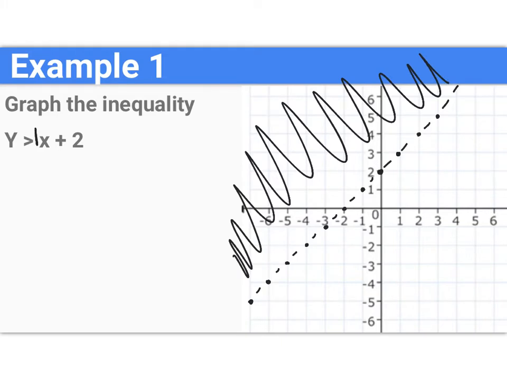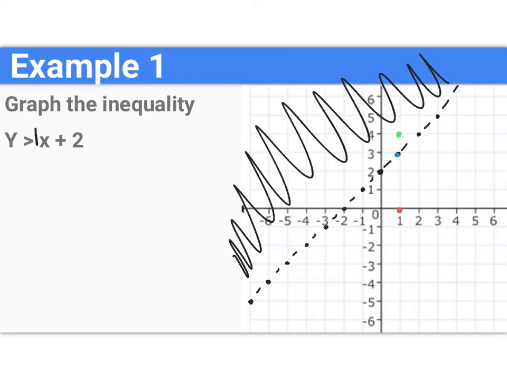So now you will be asked in your class to test some points. So I'm going to test a point below the line. Let's try 1, 0. I'm going to test a point on the line, 1, 3. And I'm going to test a point above the line, 1, 4.